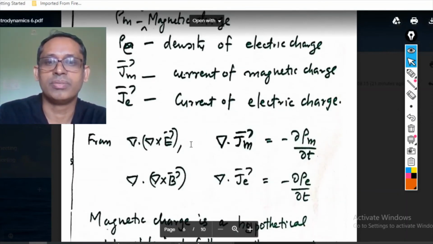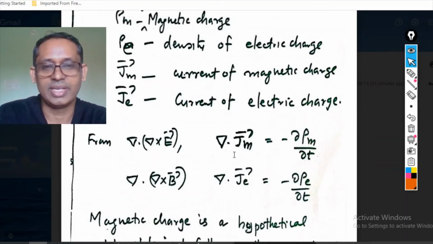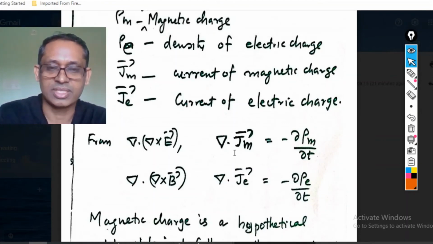This shows the continuity equations will also be satisfied very nicely if magnetic charges exist.